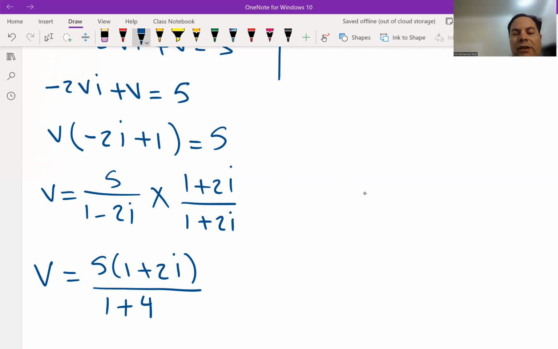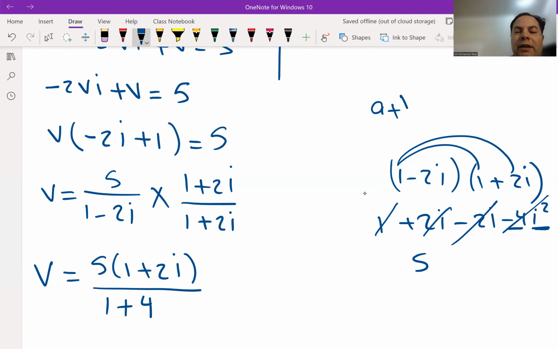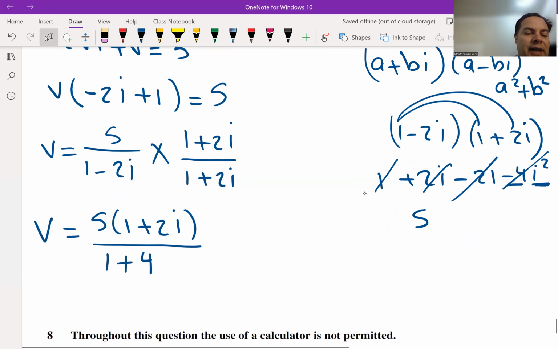Because 1 minus 2i times 1 plus 2i: 1 times 1 is 1, plus 2i, then minus 2i, then minus 2 times 2 is 4, i times i is i squared, which is minus 1, so minus times minus gives plus 4, and 1 plus 4 is 5. If you have a plus bi times a minus bi, you get a squared plus b squared directly, so you can use this identity.